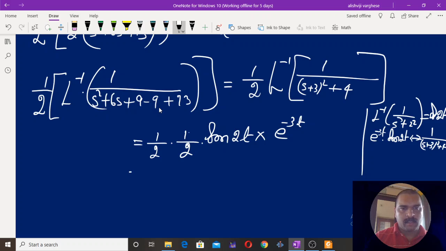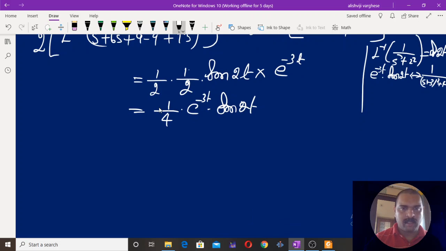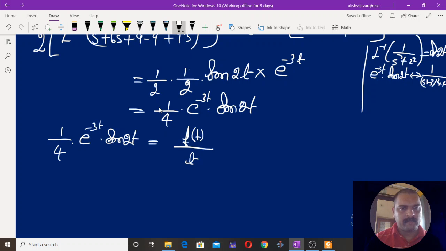So it is equal to 1 by 4 e raised to minus 3t into sine 2t. That is nothing but the inverse Laplace transform of the left hand side. Now what we have here is 1 by 4 into e raised to minus 3t into sine 2t is f of t divided by t.